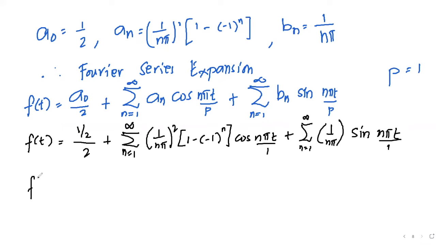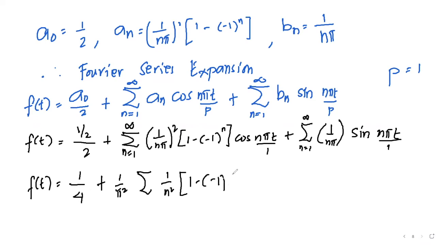Now we can put the constants before the summation. 1 half divided by 2 is 1/4 plus, so you put 1 over pi squared before the summation, or the symbol sigma. Anything after the sigma symbol has n, so you apply the value of n for that particular expression.